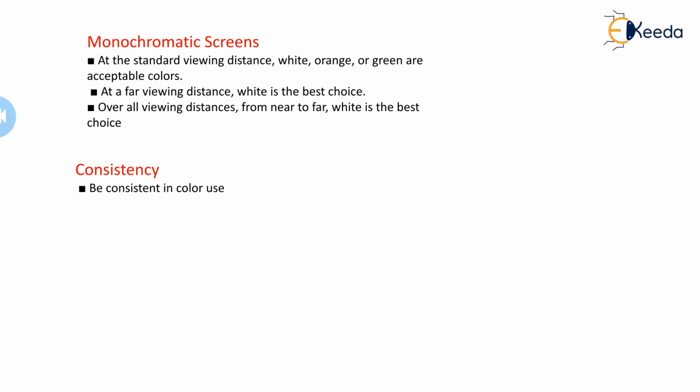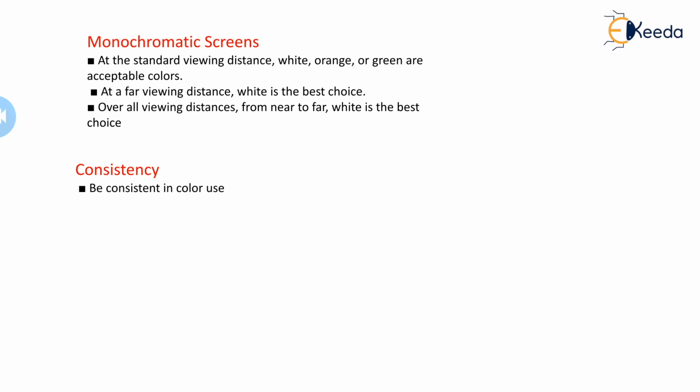Then monochromatic screens. Monochromatic or one color screens are still occasionally found in a graphical system. For subjective ratings of ease of reading, green and orange light background screens are compared to dark background screens, while no difference in ease of reading was found either.